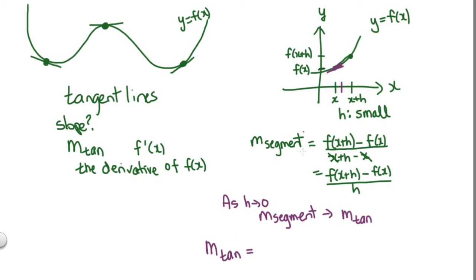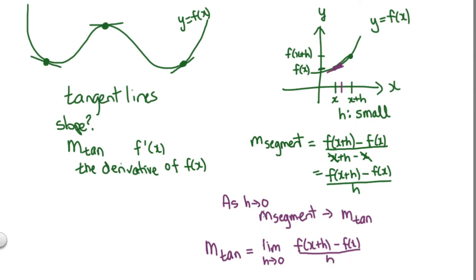We could say the slope of the tangent line is the limit as h goes to 0 of the slope of our line segment. So of f of x plus h minus f of x all over h.